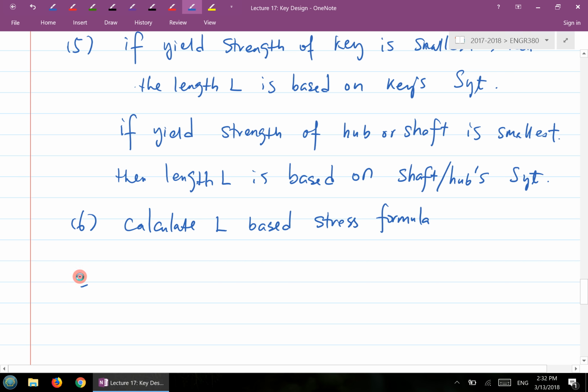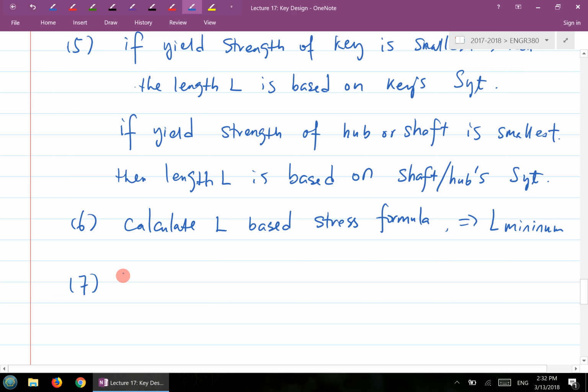There are 2 different formulas we can use. And from here you get a minimum value, based on the step 6 calculation. So this minimum value is not going to be the final value you use.